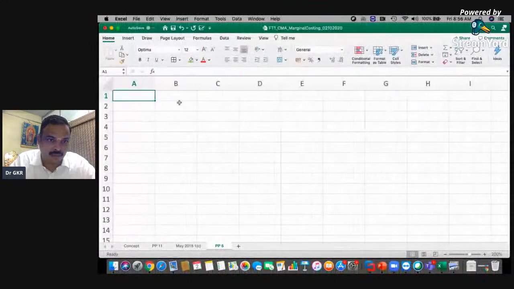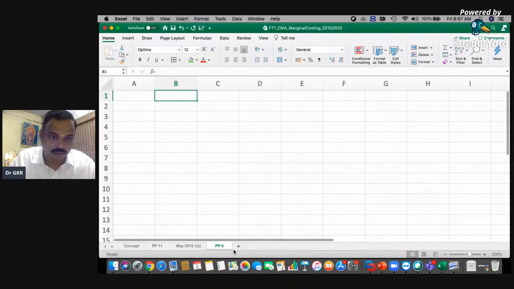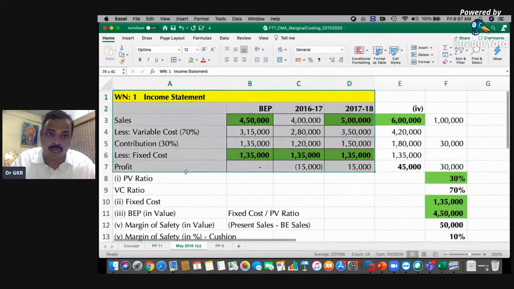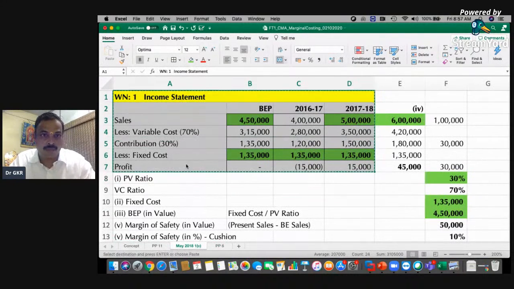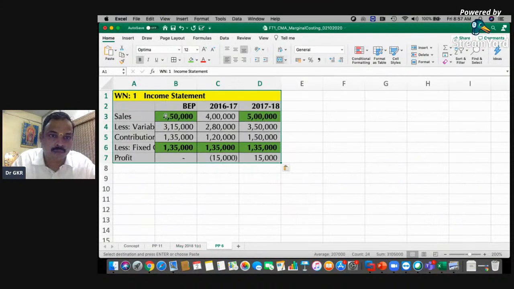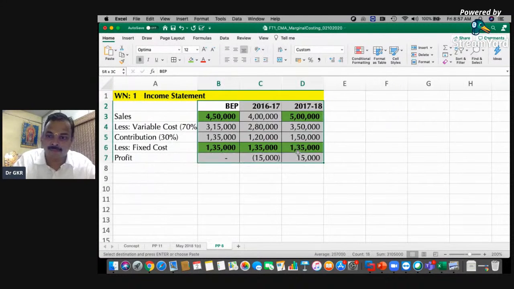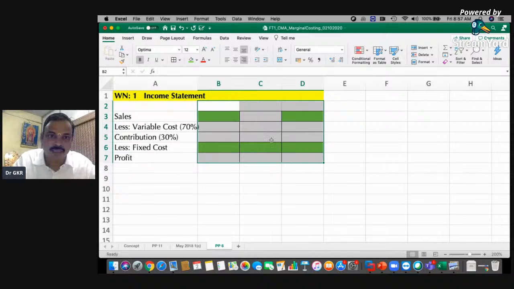This is the income statement. Again, this is the same model. I repeat, the model is going to be the same. I'm not going to change the model at all. Nothing is going to change.